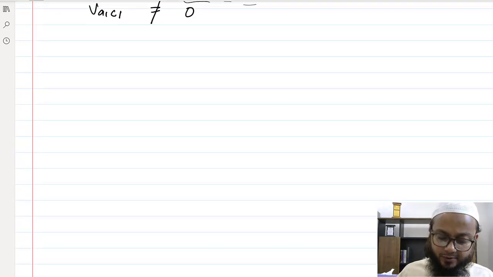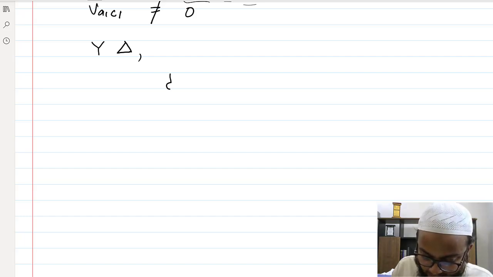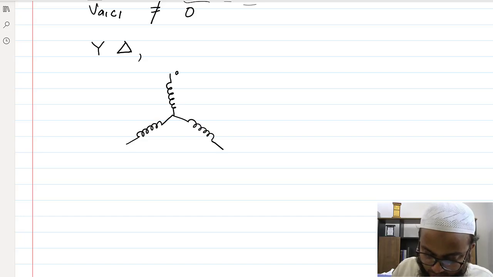Now we will discuss star and delta connection. In a star delta connection, the primary side is star connected. I will just draw a little simpler one. Let's say capital A1 here and A2 here. This is B1 and B2, and this is C1 and C2, all connected at a neutral point.